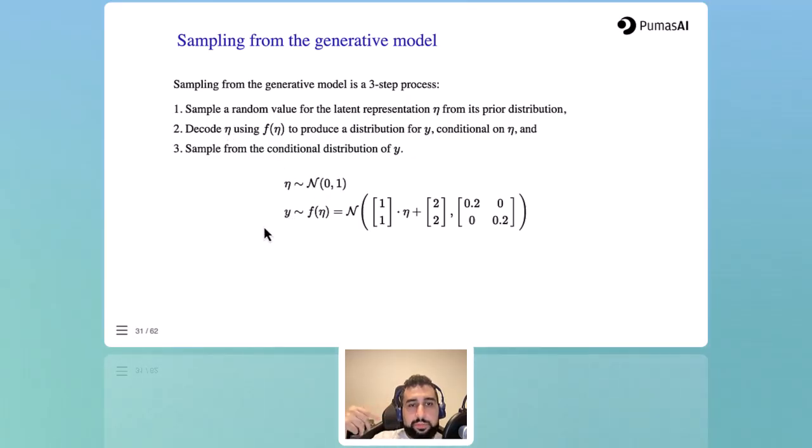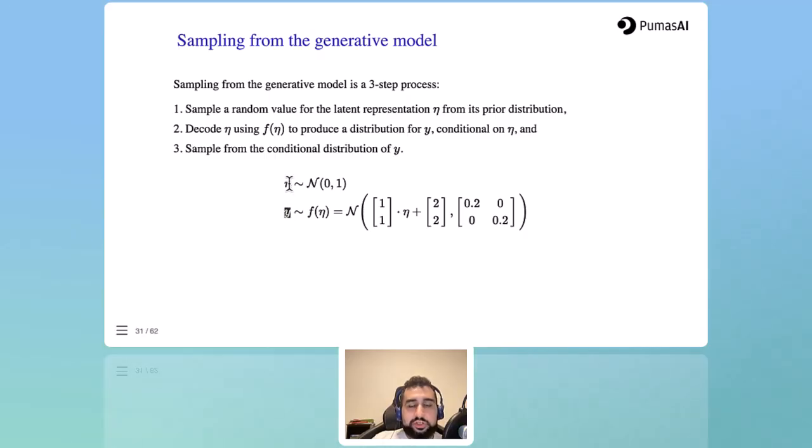Now, I could ask the opposite question: if I give you a value of y, what are all the possible and plausible values of eta that could have generated this y? So assuming this y came from the model, what are all the possible values of eta that could have generated this y?